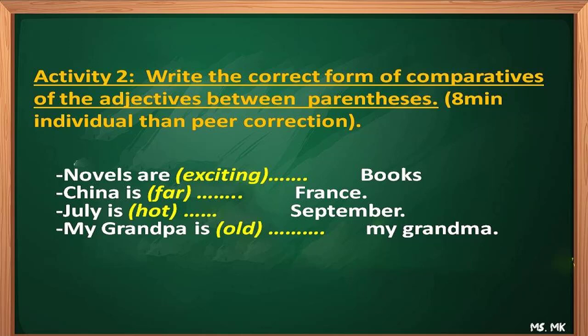This way, they're going to learn how to collaborate, they're going to share ideas, and they're going to recognize their mistakes. And this is a very important premise in CBA. Then, you correct, class correction, and you ask them to correct the activity on their copybooks. 3 to 4 minutes are enough.